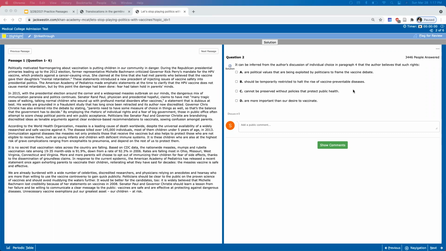We didn't really talk about restricting the rise of preventable diseases, and that's not what the individual choice is talking about. And it's not talking about rights that can't be preserved without policies. We didn't address that many policies here. And we didn't talk about the rights being more important than our desire to vaccinate.